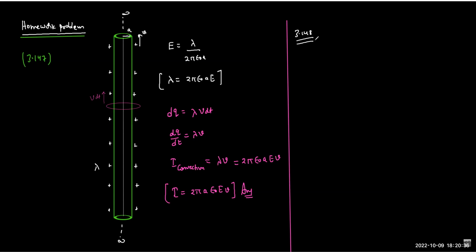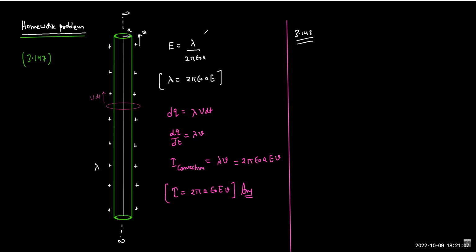The electrodes of the capacitor are separated by a distance d. The mean curvature radius of the electrodes is equal to r. Find the current flowing in this case along the lead wires. Assume d is very small compared to r.